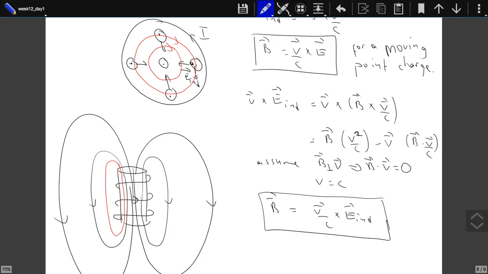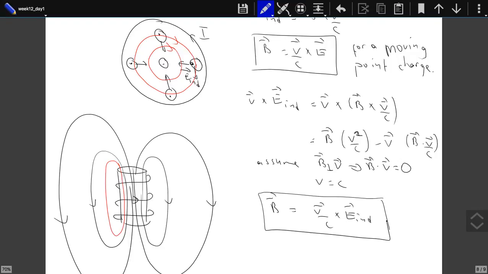Yeah, we will make these derivations more rigorous. It doesn't really make sense for a B field moving along itself.